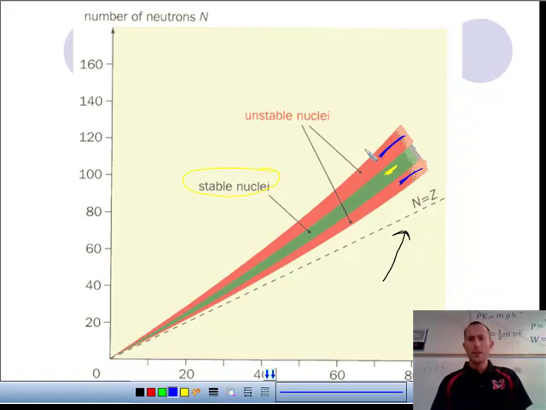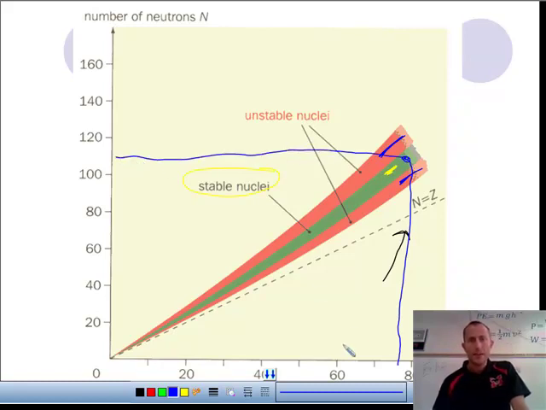But as we get up here to the larger elements, the number of neutrons vastly outweighs the number of protons. When we have about 75 protons, we're looking at about 110 neutrons.